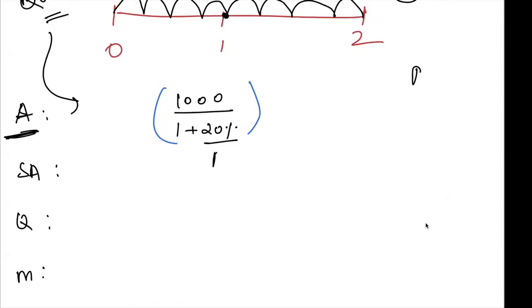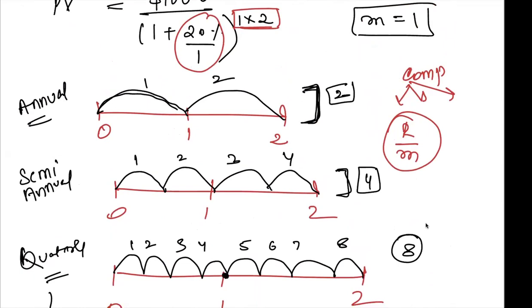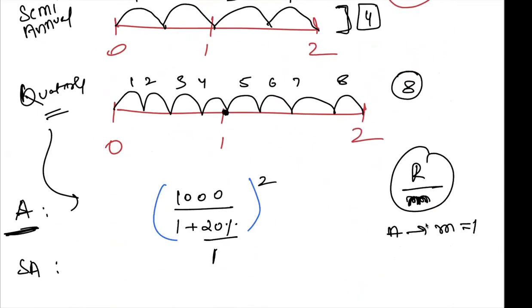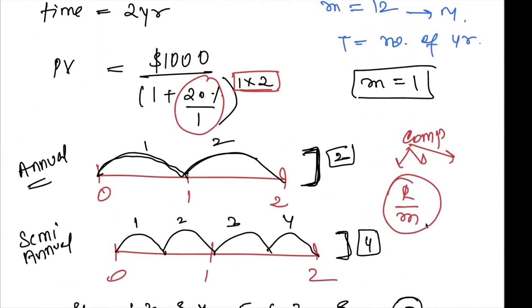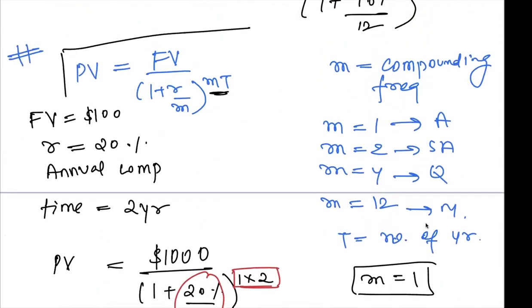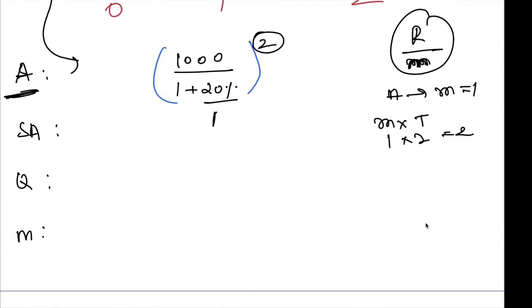We need to divide the interest rate by our compounding. So if it's annual, M is 1. And here we have 2 years, so this will be 2. Either I can write 2, or you can just say M times T. If M is 1 and T is 2 years, it will be 2. If you want to memorize the formula, this is the way you can memorize. I personally don't like memorizing, so this is the way you can also calculate.